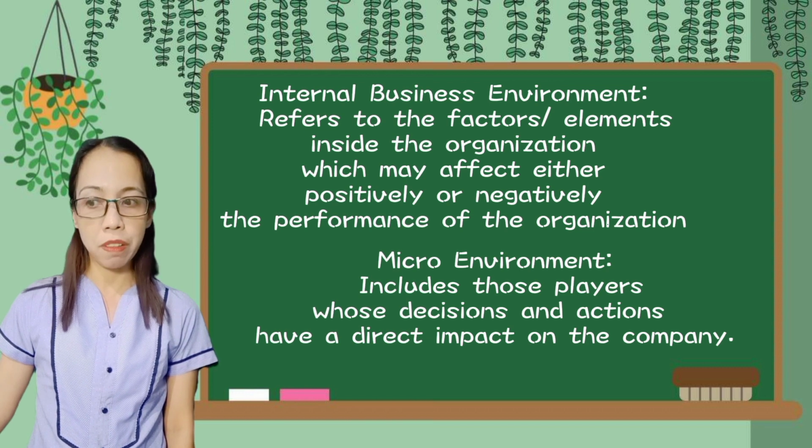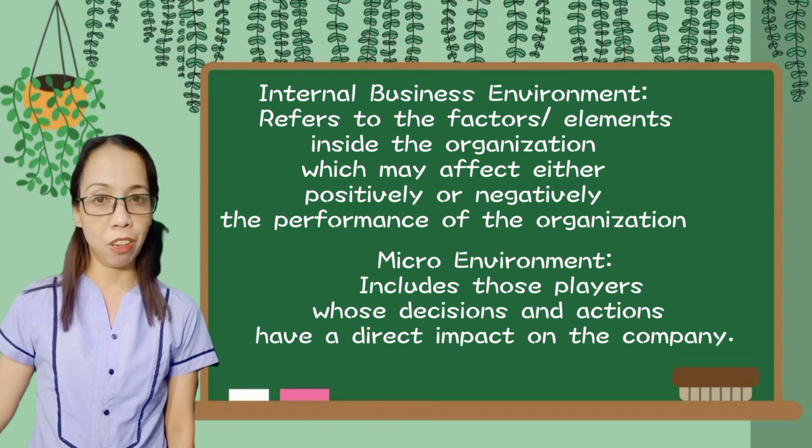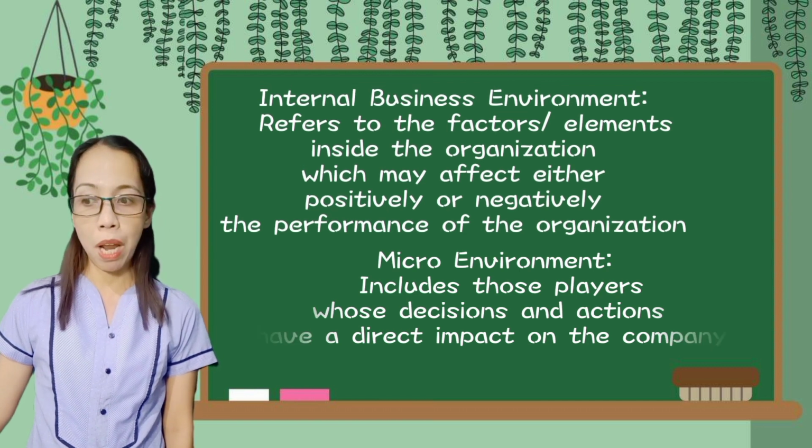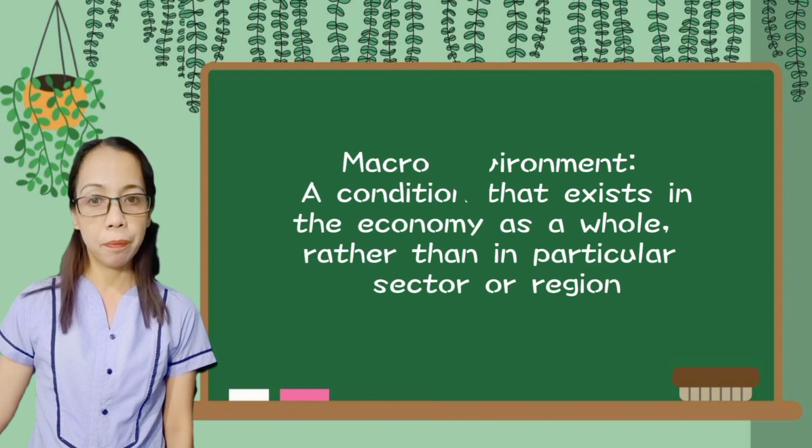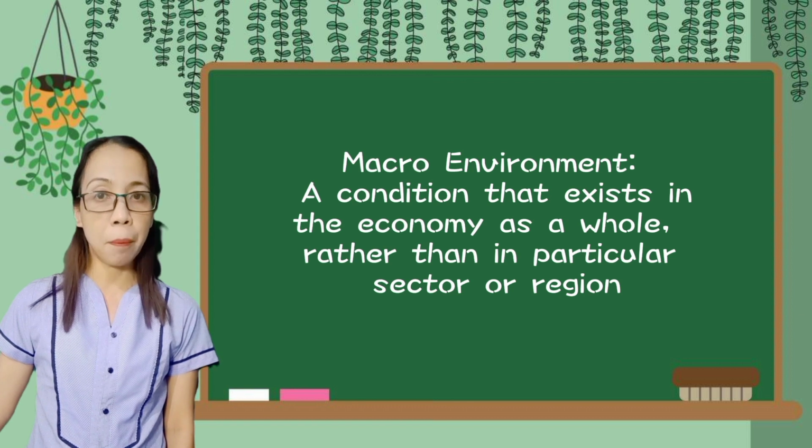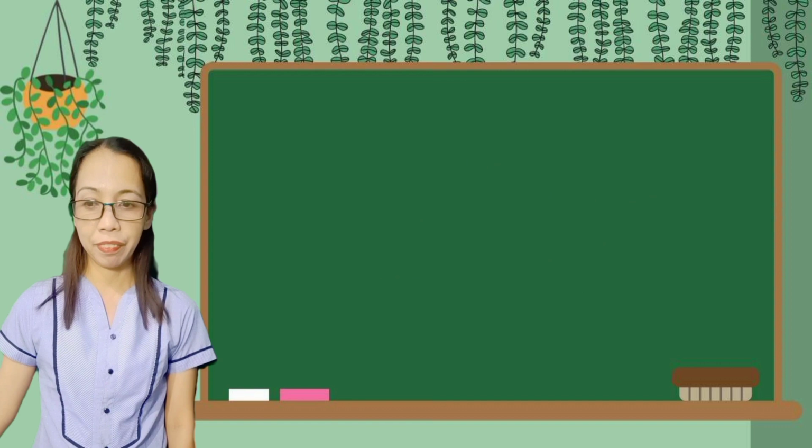Microenvironment includes those players whose decisions and actions have a direct impact to the company, while macroenvironment refers to a condition that exists in the economy as a whole rather than in a particular sector or region.